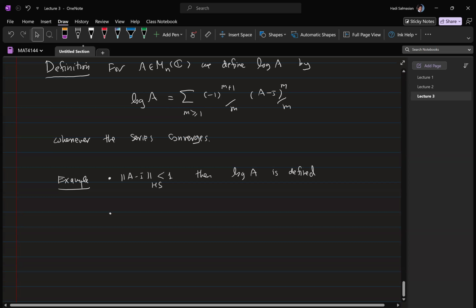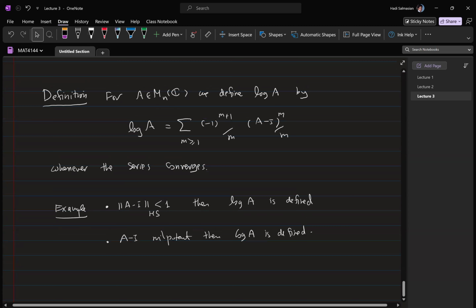Another example is when A minus I is nilpotent. It doesn't have any norm condition anymore, because when A minus I is nilpotent, the series becomes a finite sum. So it's still valid.